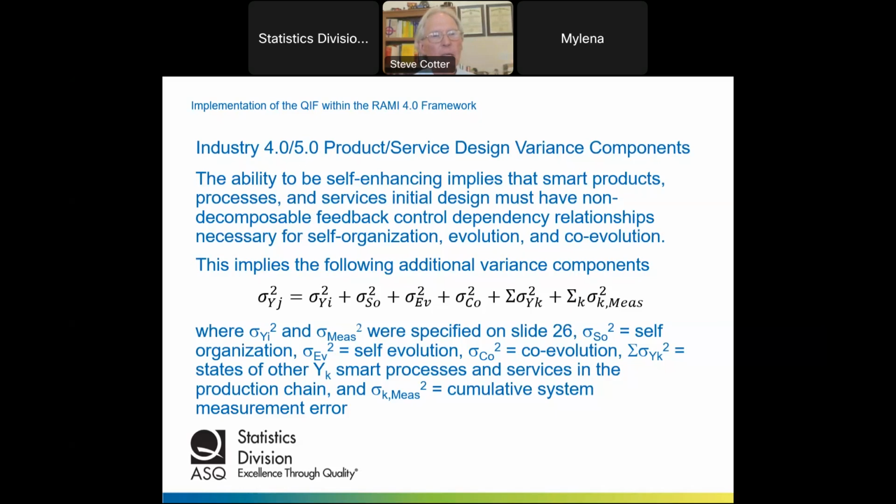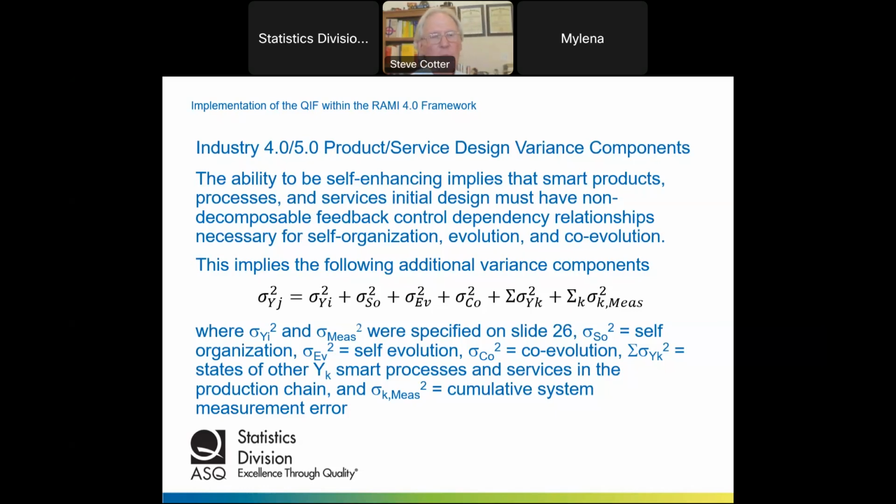Sigma square Yi is the Industry 3.0, and then the sigma square measurement is from Industry 3.0. They were specified on slide 26. Sigma square SO is the self-organizing. Sigma square EV is the self-evolution. Sigma square CO is the co-evolution. And then the sum of sigma square YK states other YK smart processes and services in the production chain.